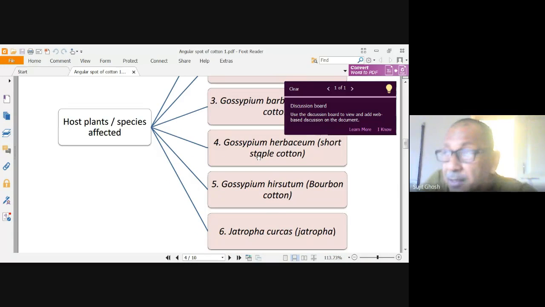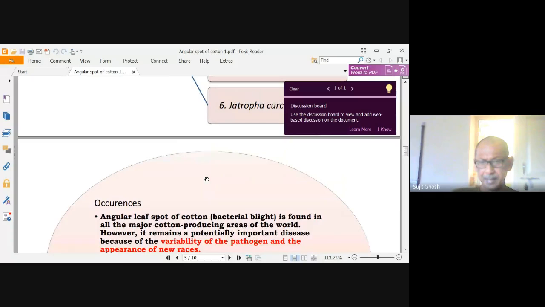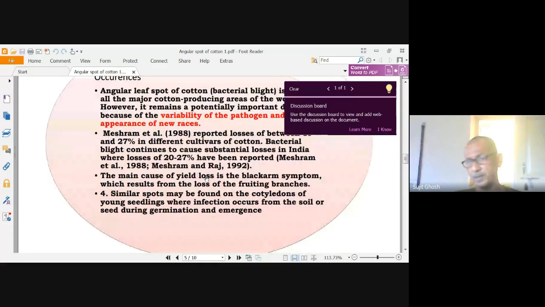And another host of this Xanthomonas axonopodis variety Malvacearum, not a cotton plant but an oil yielding plant, is Jatropha curcas, from where biodiesel is obtained. This plant is observed in Purulia. That is why I have mentioned here that Jatropha, the leaf having angular spot, is caused by Xanthomonas axonopodis variety Malvacearum. Okay.